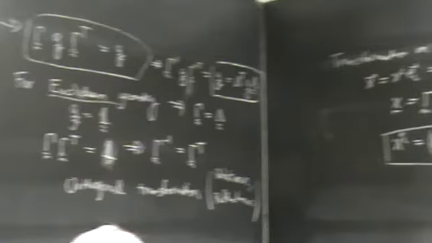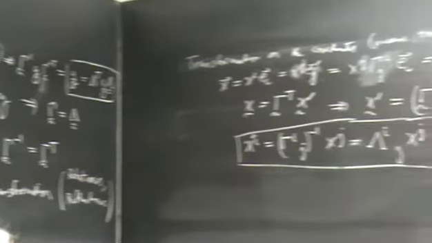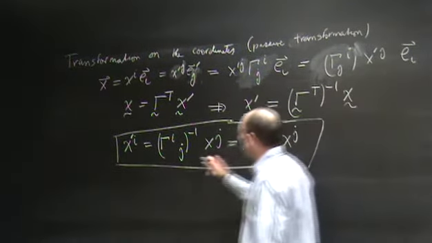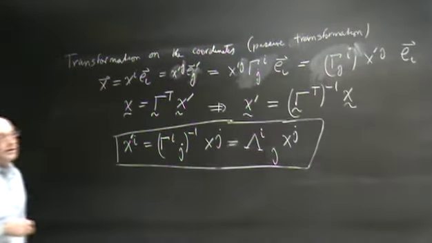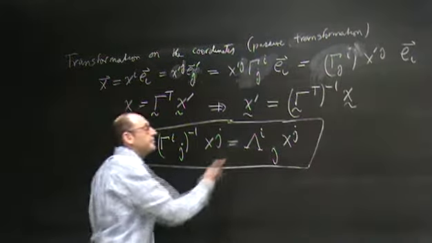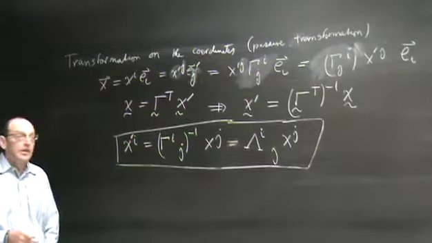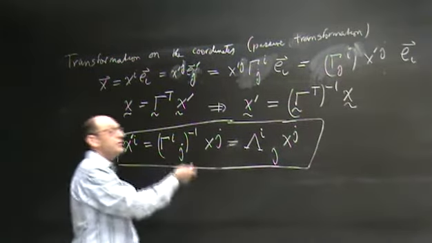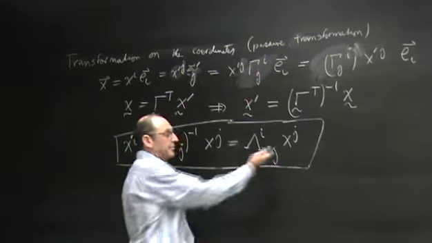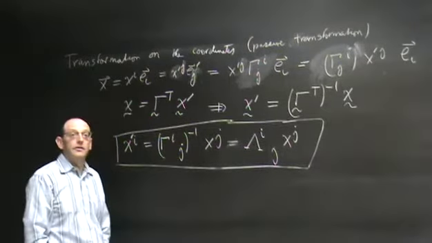One thing we can see immediately from this relationship is what this transformation matrix is, because I can just take the partial derivative of this equation with respect to these coordinates.